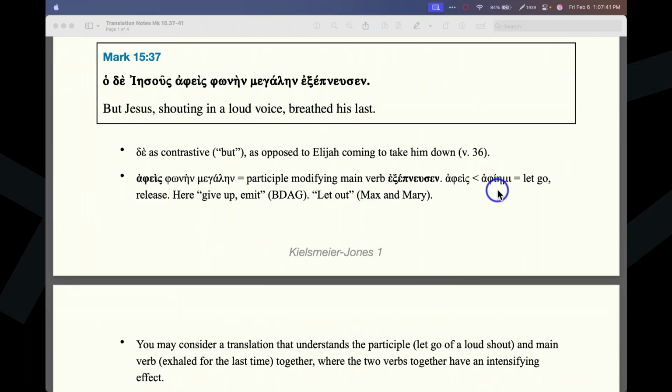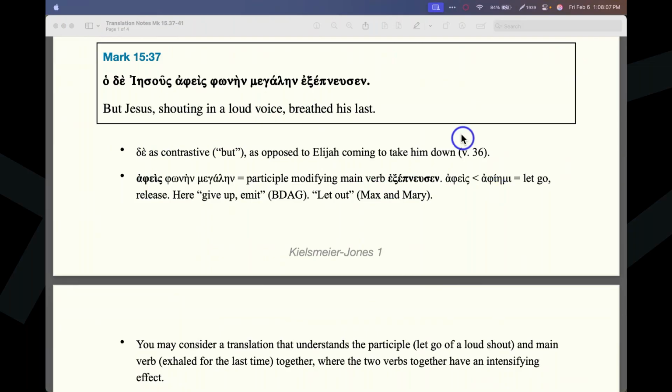So you can think about an involuntary sigh, perhaps, as Jesus is letting out, is what Max and Mary say. He's letting out a loud voice or a sound. We'll come back to that on phōnēn, but he's letting it out. Aphēs has that sense of not necessarily pushing it out, but letting it out.